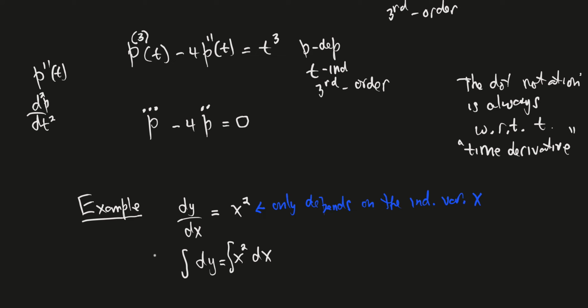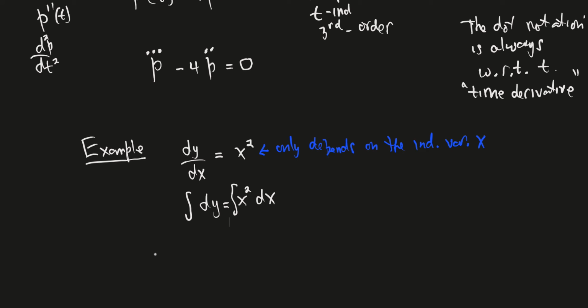And that's a really good way to think about it. On the left-hand side, we integrate our differential dy. That gives us y. On the right-hand side, we integrate x squared with respect to x. And with our power rule, we'll get 1/3 x cubed plus c, right?